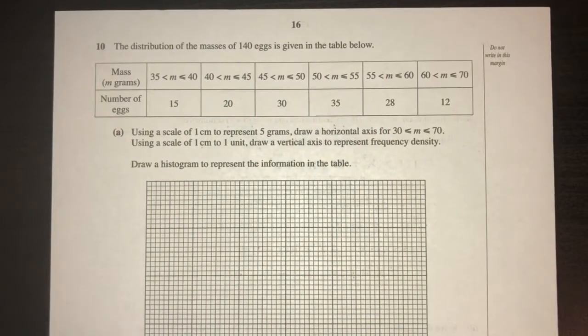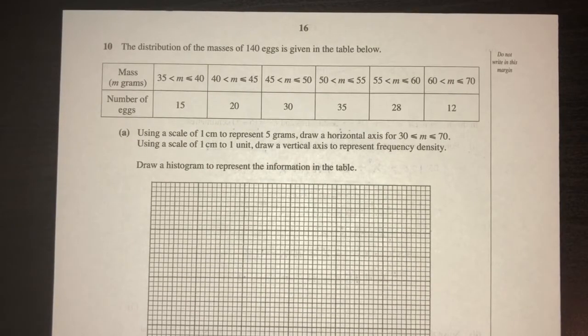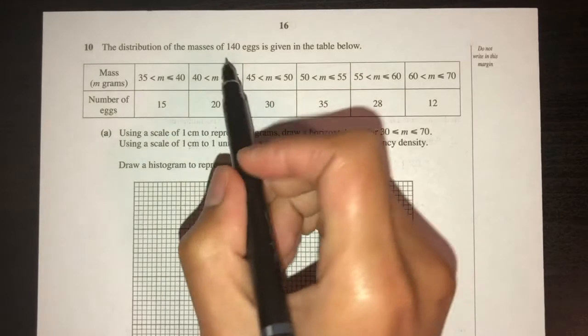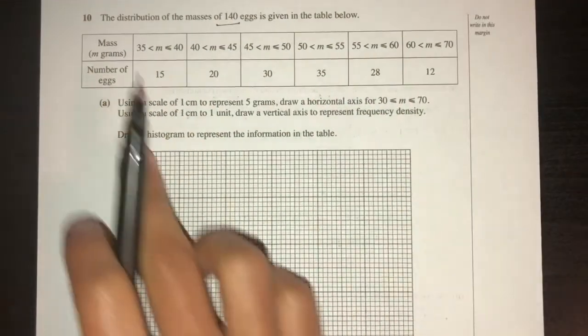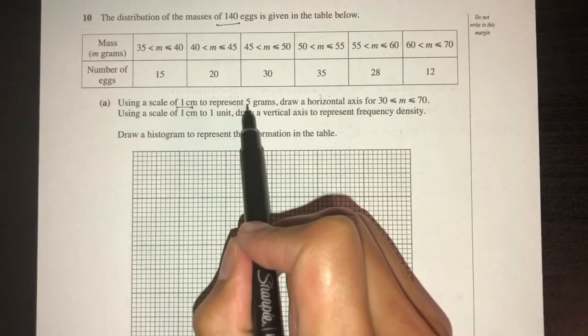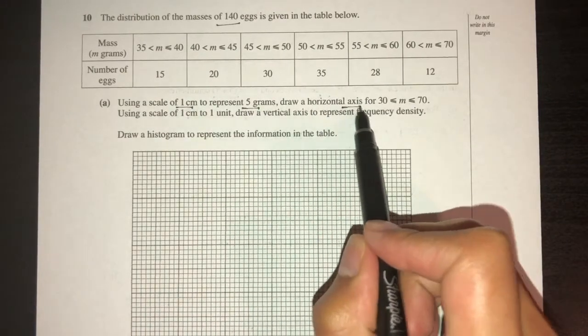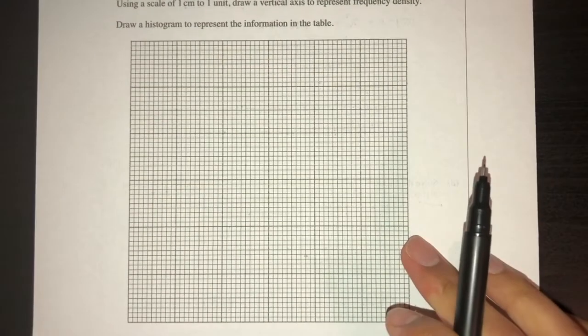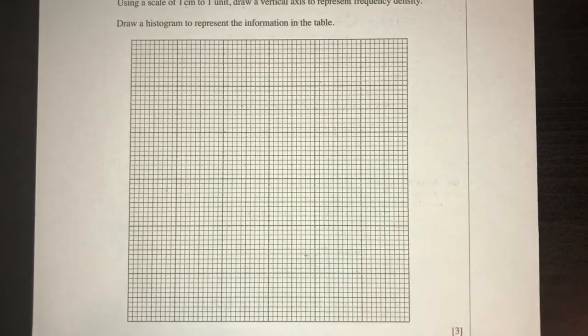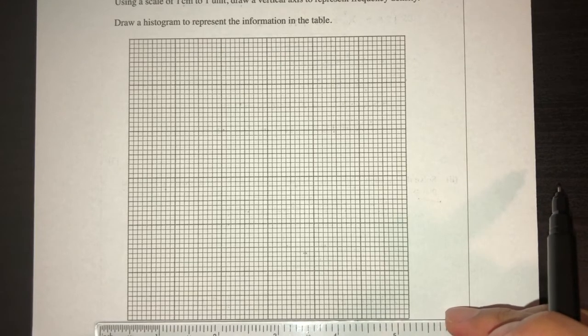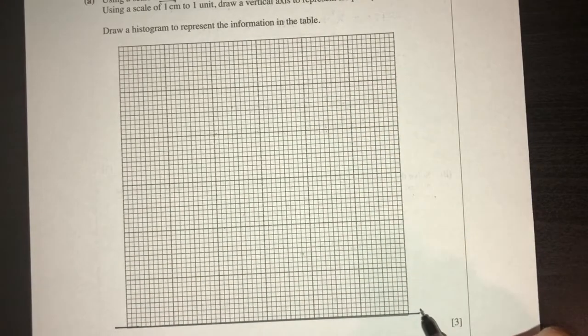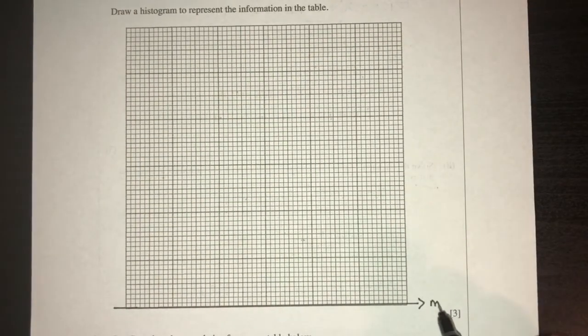Let's move on to question number 10. The distribution of masses of 140 eggs is given in the table below. So we have to use a scale of 1 centimeter for 5 grams on the horizontal x-axis, from 30 to 70. That is your M, starting from 30.